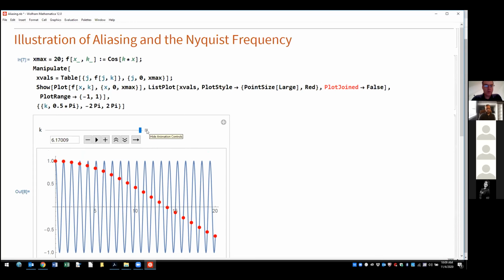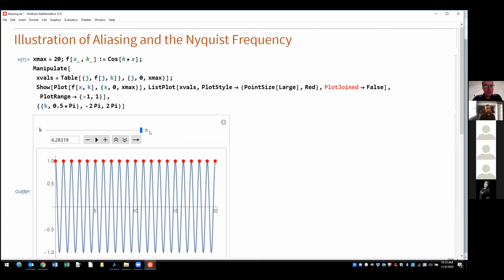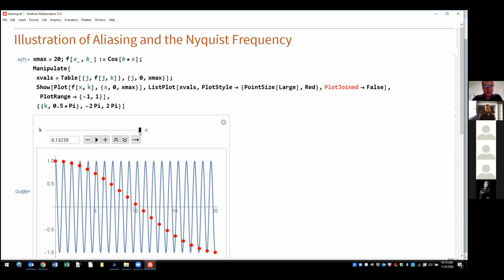K is not quite, K is here, K is 2 pi. And so it repeats every time I measure it. So here it looks perfectly flat because I sample it exactly once a cycle. So it's always at the same point in the cycle. But here I sample it not quite once per cycle.